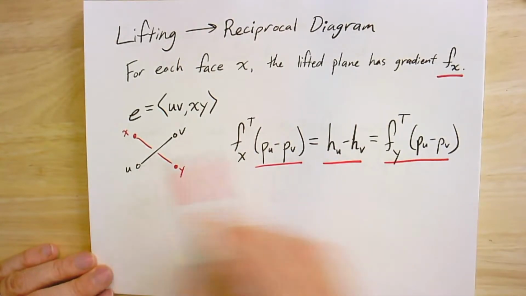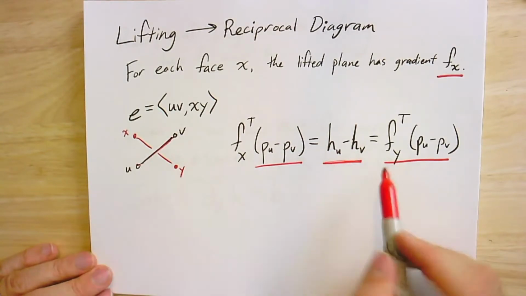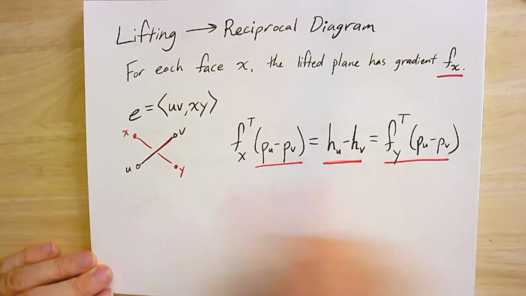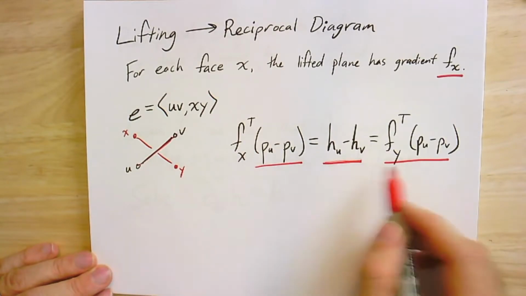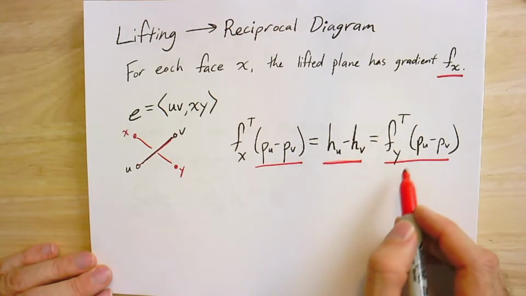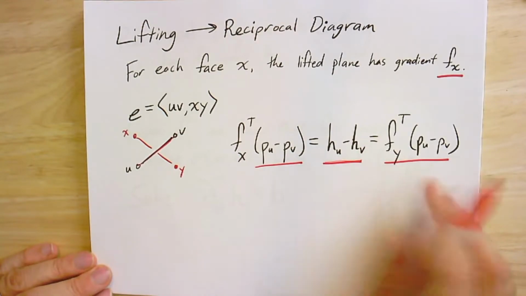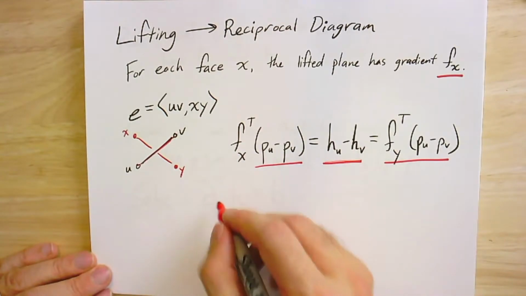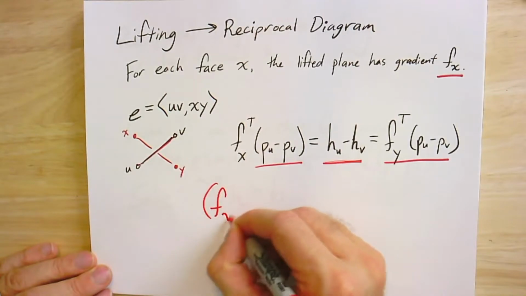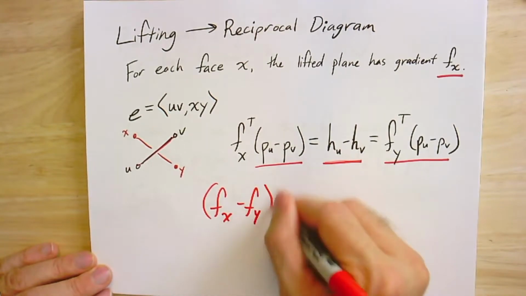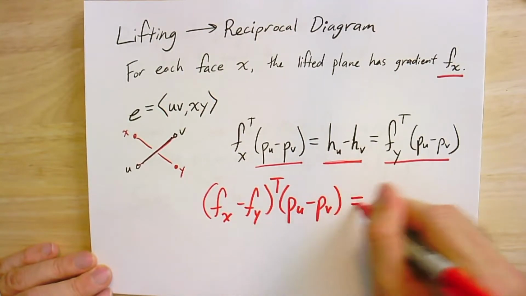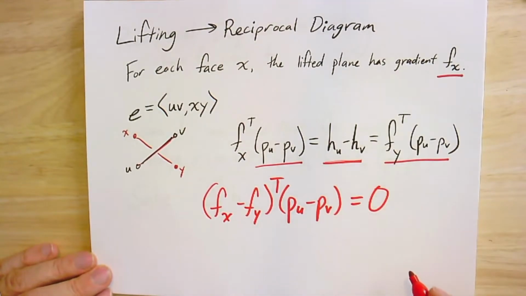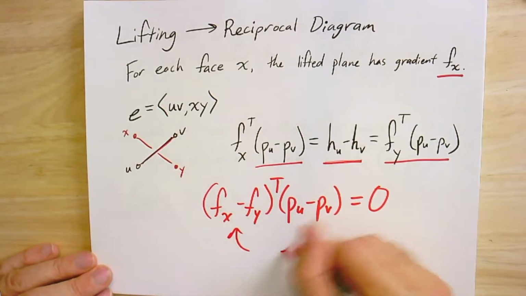Because I only have one height function, so it doesn't really matter which side of the edge I look at it from, I'm still going to get the same change in height. And since these two are equal, if I subtract this from both sides to move it over and regroup, what I get is (f_x minus f_y) times (p_u minus p_v) is 0. But that just means that these are orthogonal.